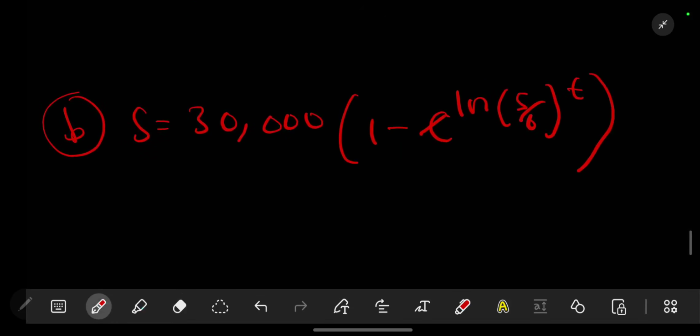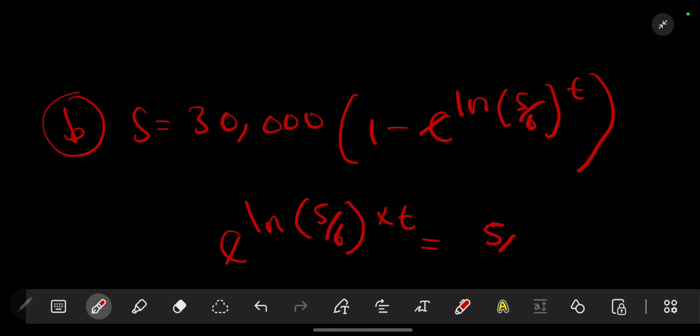So S is equal to 30,000 times 1 minus. Remember, e to the power of ln of a number such as 5 over 6 times the time, you maintain whatever is there.